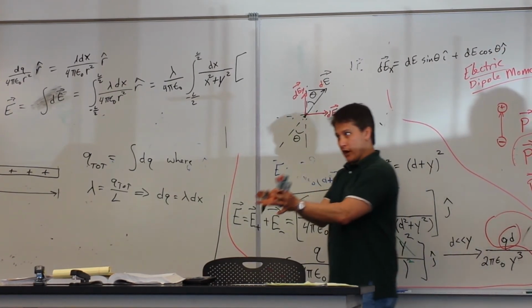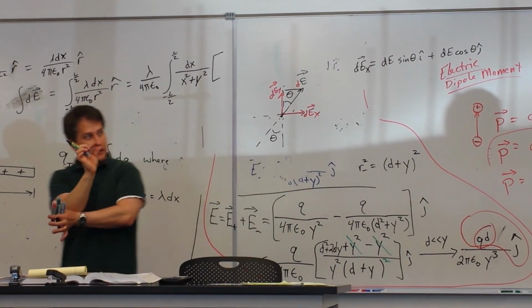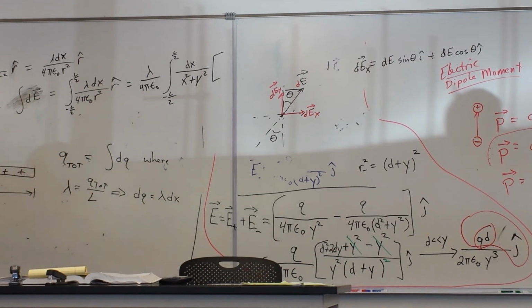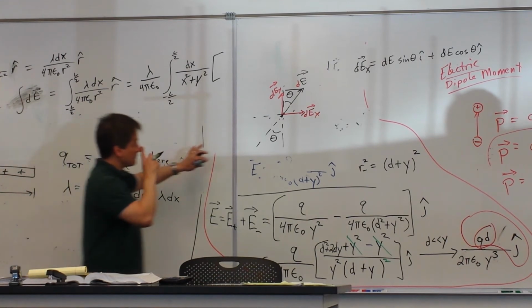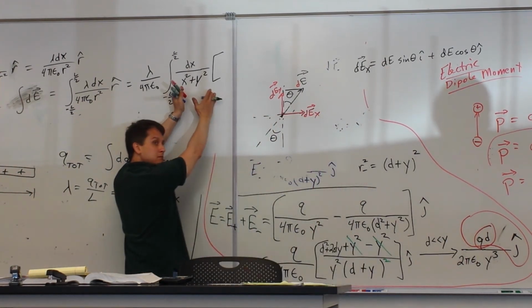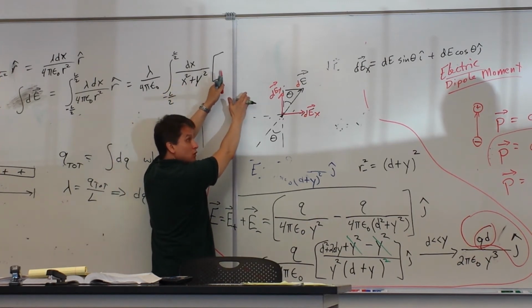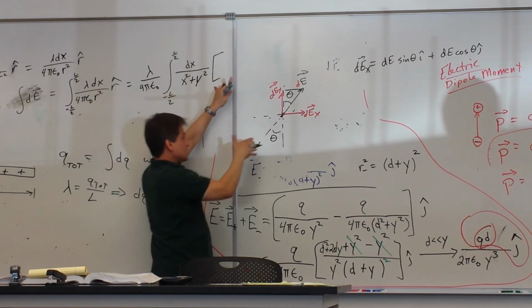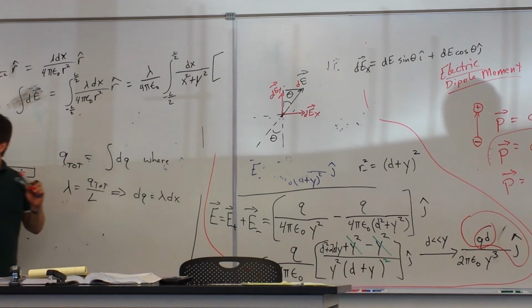This would be how I could break apart the electric field, just solely to that little charge dq. Well, we've dealt with dE. That's based on this stuff here. The sine and the cosine then, we can express in terms of the dimensions of the system itself.